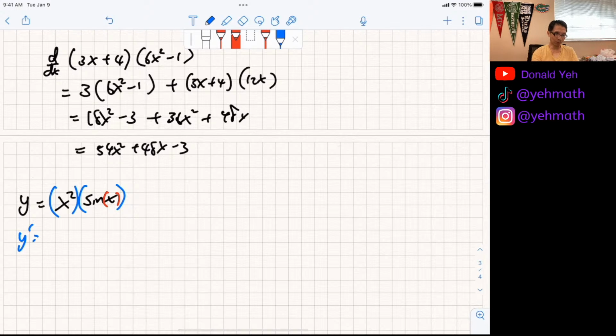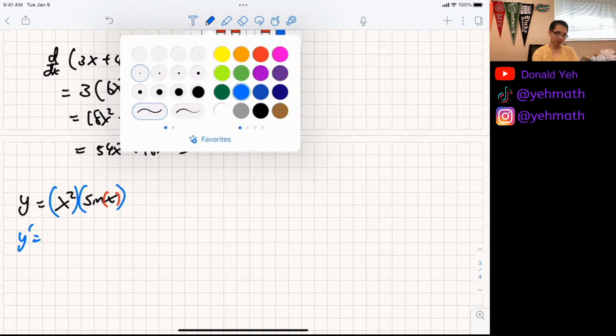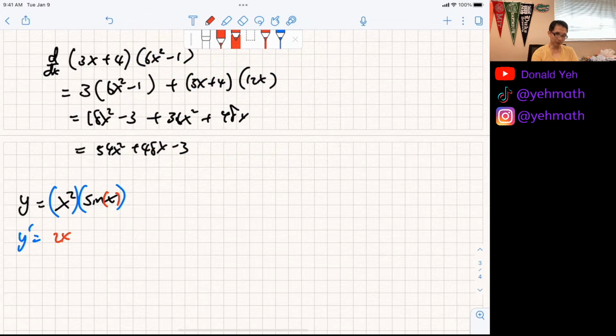So let's take the prime. Then it's going to be 2x sine of x plus x squared times cosine of x. That's it. There's nothing more you can do. That's your final answer: 2x sine of x plus x squared cosine of x.